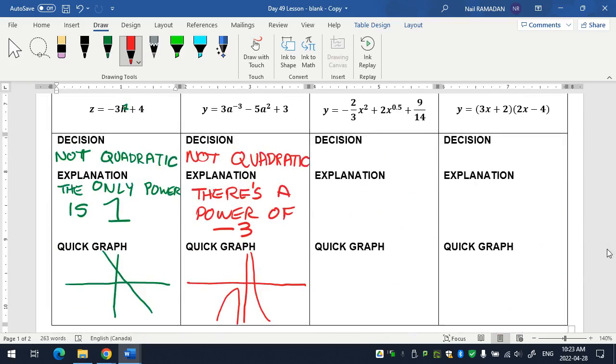So it's not quadratic. Well, that's the thing. It can't be. It's either fully yes or fully no. So this one is a full no. Okay. So what was the reason? There's a power of half.